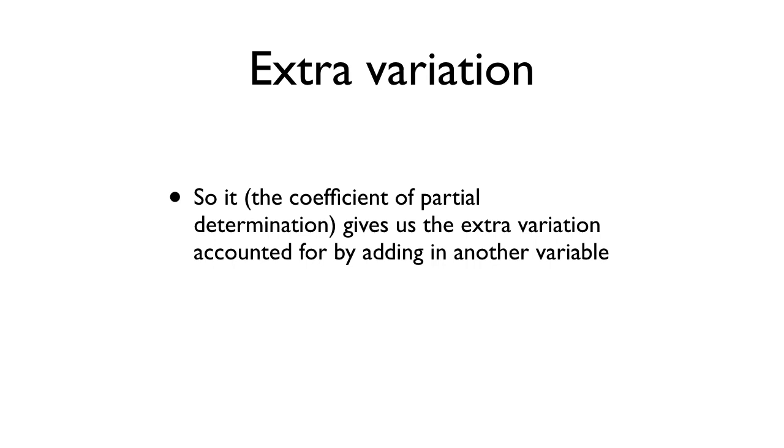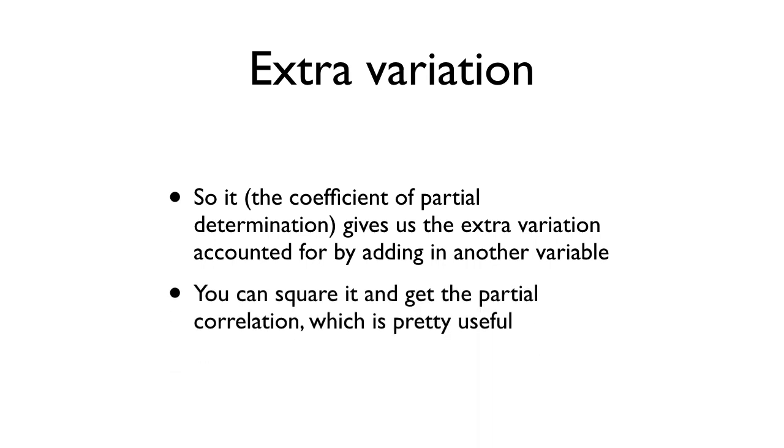So it's kind of like controlling for it statistically. We're going to see what proportion, if we control for something else, we take all that variance out, how much variance is left that is explained by something, let's say, like IQ. So you can see why it can be a useful thing on its own to report the coefficient of partial determination.